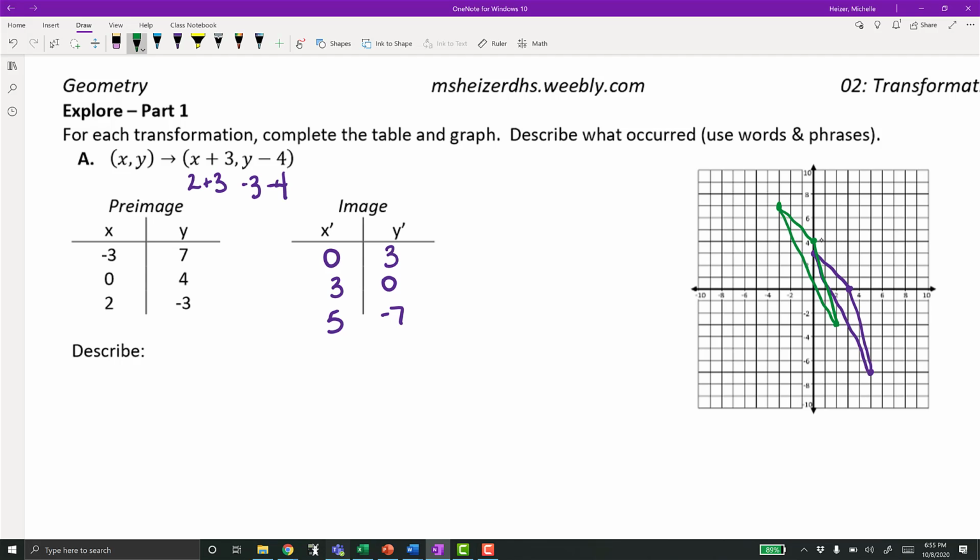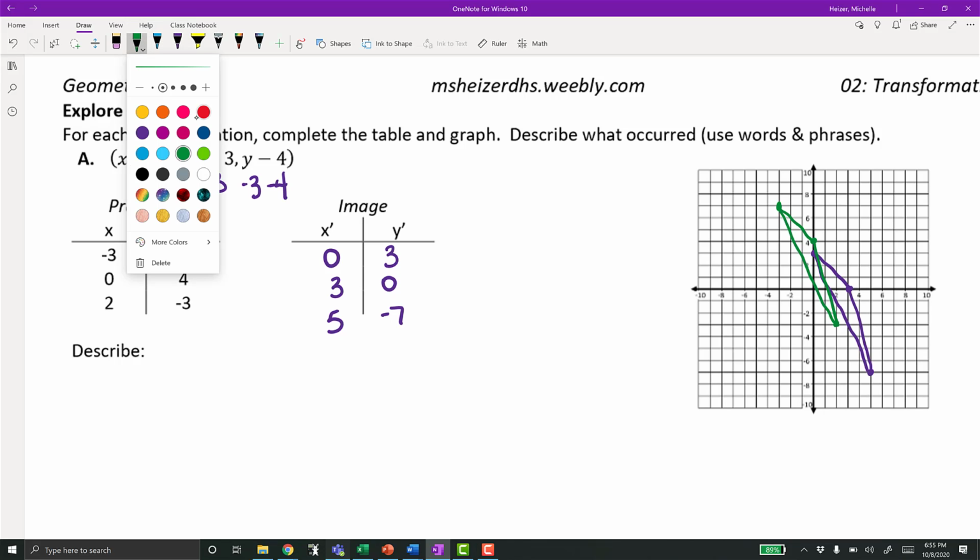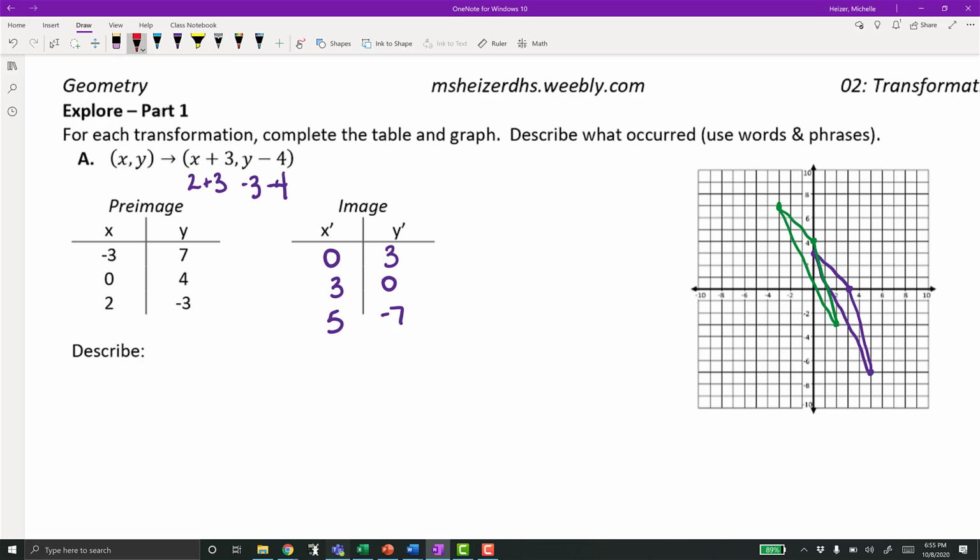So I'm going to take this one point here on the corner and, with a different color pen, try to describe its movement. This point here relates to this point here. They're both this right hand corner. So I'm going to go 3 right and 4 down.